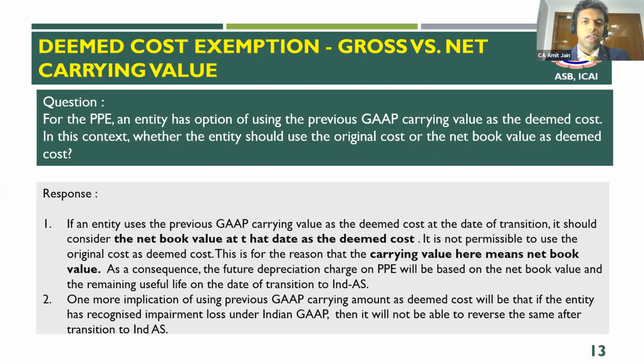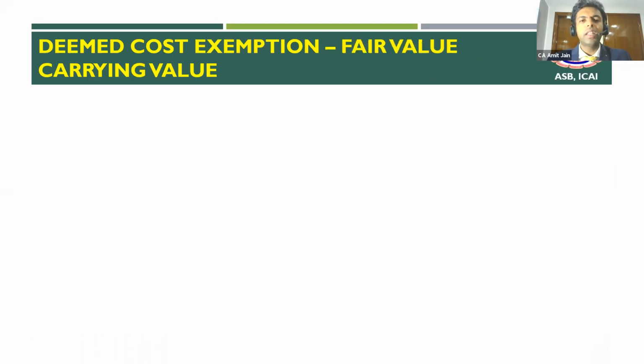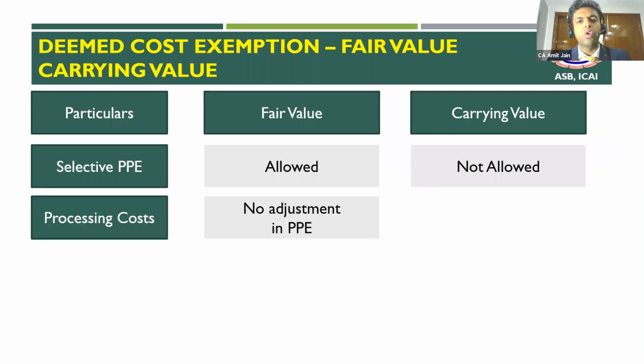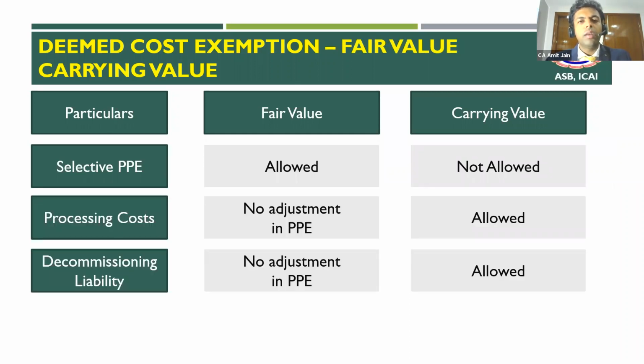So that net carrying value as on 31st March 2018 will become the opening gross block as of 1st April 2018, on the transition date. That means whatever the accumulated depreciation is and whatever the impairment losses that have gone, that has been buried. So in the past, ICAI has issued certain FAQs, where ICAI has said that where the company has taken the carrying value exemption, the company has to recognize the net block as of 31st March 2018, which was appearing in the audited financial statements.